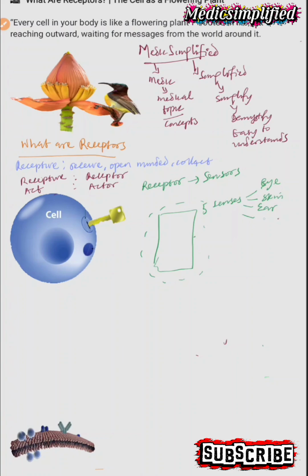For taste is the tongue. For smelling is the nose. So these are sensors located majorly outside the body. That's how we can see the limit.